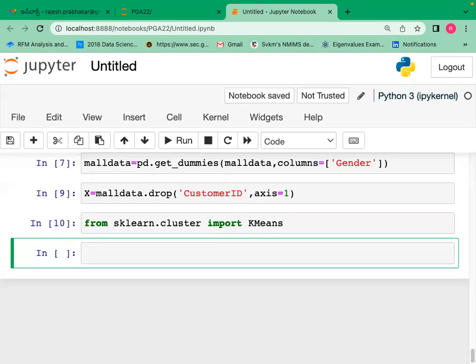Okay. Now we don't know the optimal k value. The optimal k value is to be found using WCSS and elbow plot.